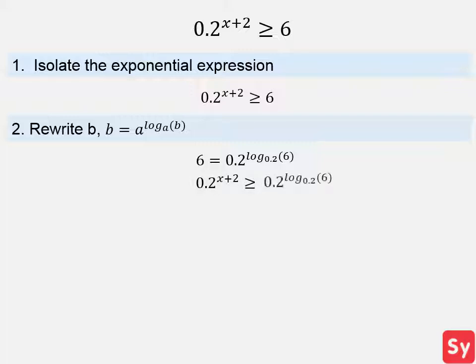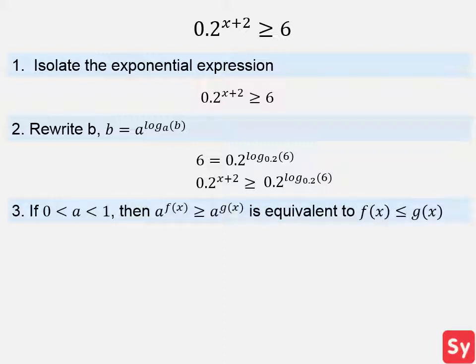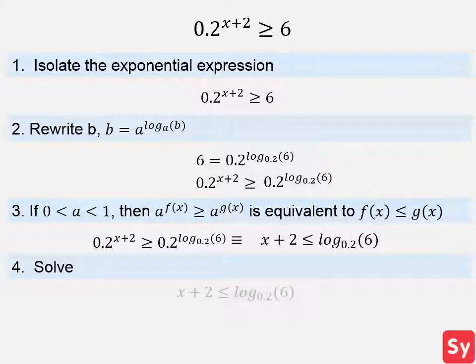We can plug this in for 6 in the inequality. Since a is not greater than 1 and a is greater than 0 and less than 1, we can use this rule. So our inequality is equivalent to x plus 2 is less than or equal to log base 0.2 of 6. Finally, we solve this inequality.